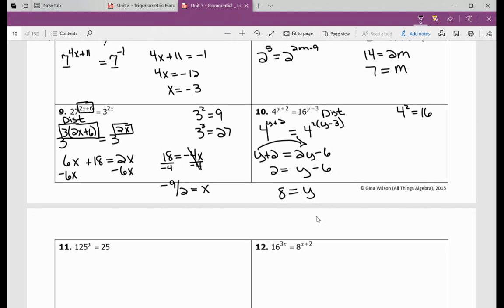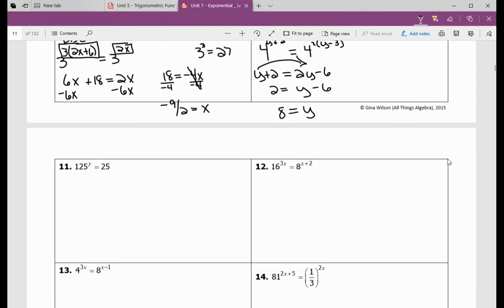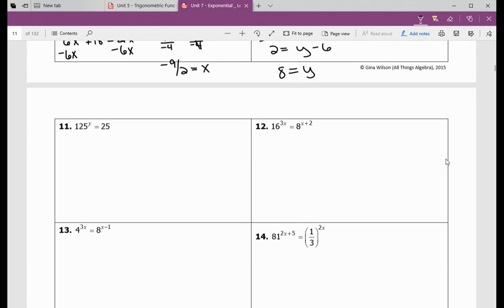Now, the third set of examples that I'm going to give you is what happens if you have to change both bases, okay? A lot of times you can see or get kind of a feel. Now, 25 and 125, I can change both of those to base 5s.